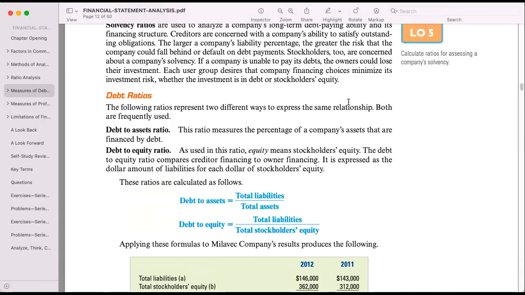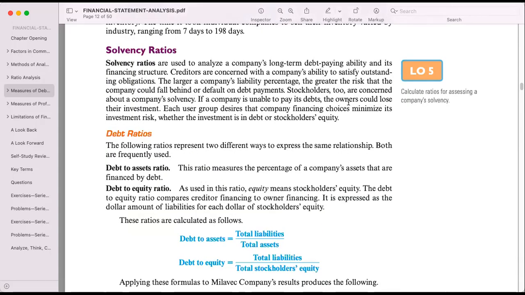Again, to reiterate, solvency ratios involve the interpretation of the company's long-term debt paying ability and its financing structure. So ang gina-measure niya dito is, can the company be able to pay long-term debts, and what is the company's composition?